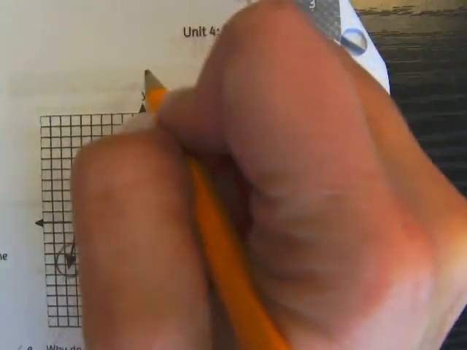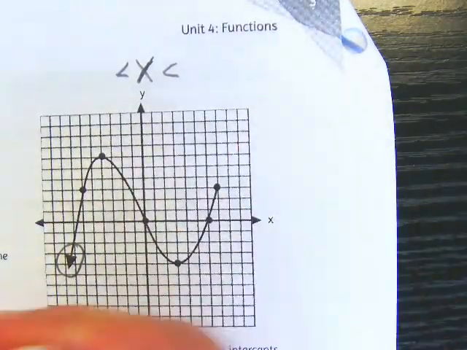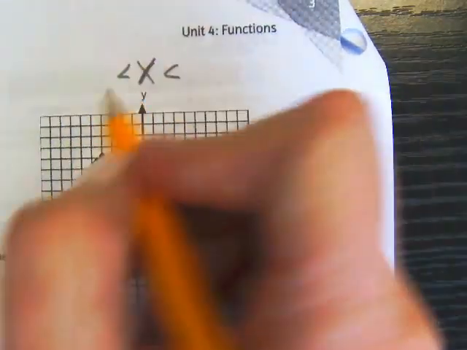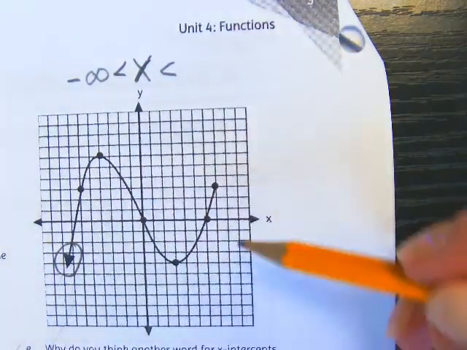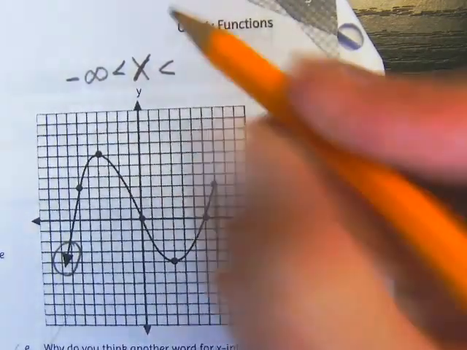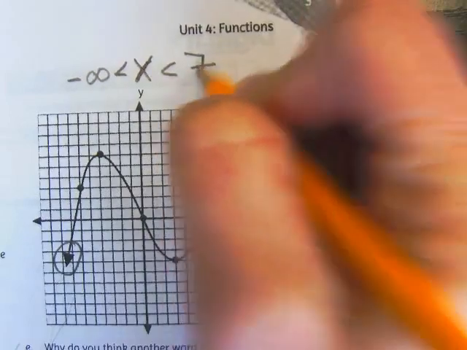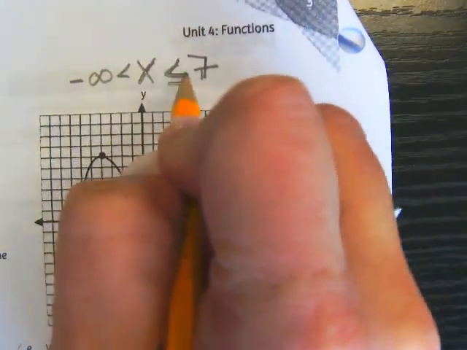If I was going to write the domain left to right, I could still do my x with less thans, except this time the furthest left that this thing is going is to negative infinity. And it stops here, which is 1, 2, 3, 4, 5, 6, 7, positive 7. Okay, and that has a closed circle, so I can put the equal to sign.